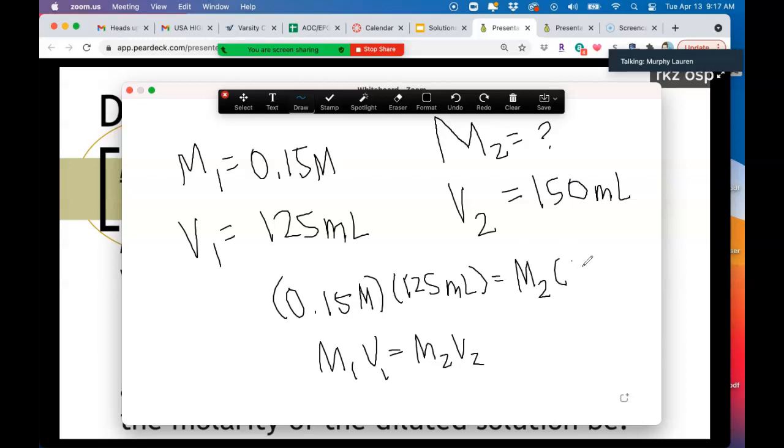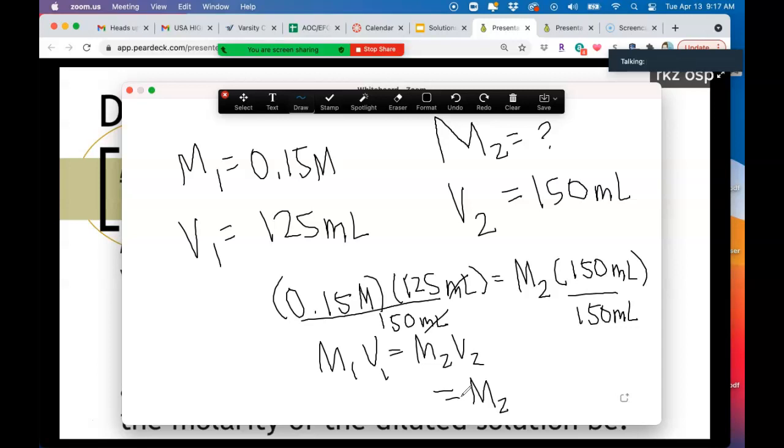And V2 is 150 milliliters. This is very basic algebra. I divide both sides by 150 milliliters. So the new molarity will be 0.15 times 125 divided by 150.